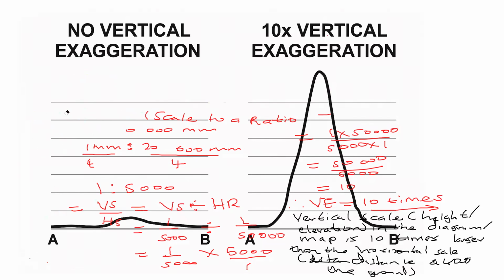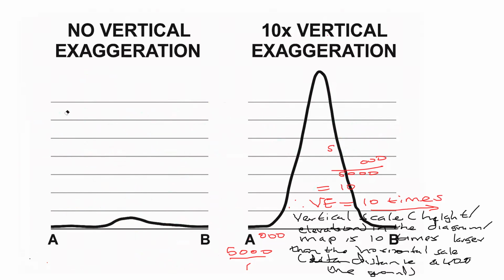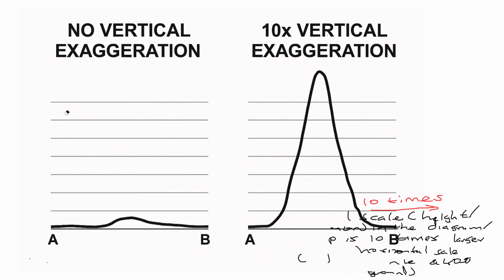Sorry about that. Our screen looks so messy. I want you to visualize this. Here I'm comparing two cross sections from A to B, wherein no vertical exaggeration has been applied, and the other one wherein we have a vertical exaggeration of 10 times, the one that we just calculated.